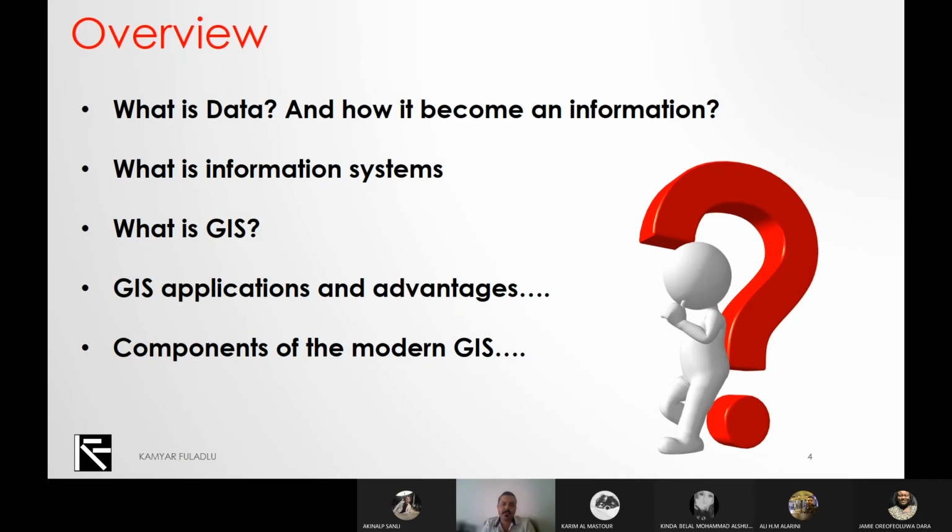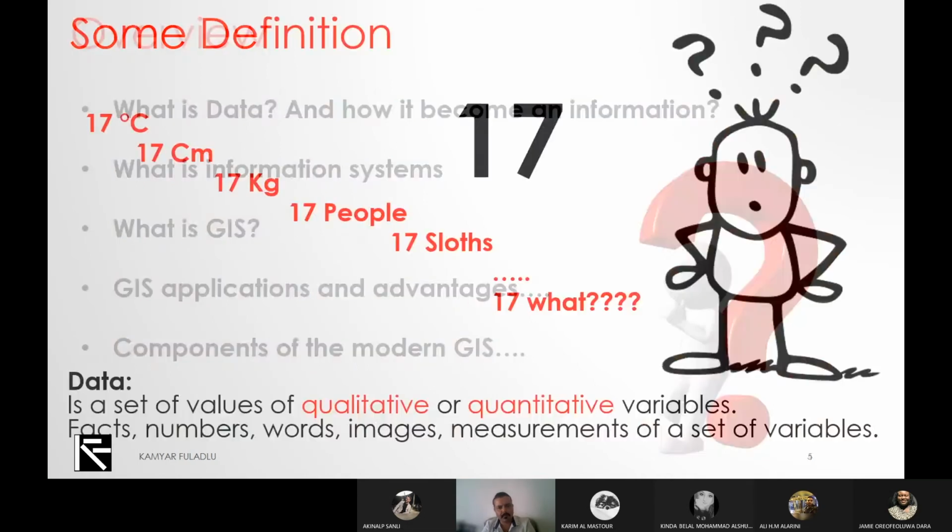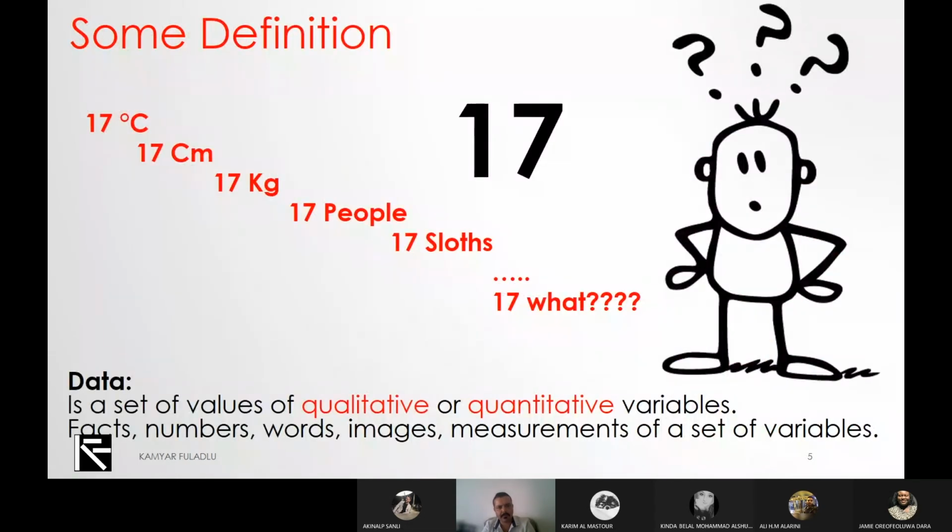The important things about data and information: first of all, you need to understand what data is. Data can be a set of qualitative or quantitative variables.